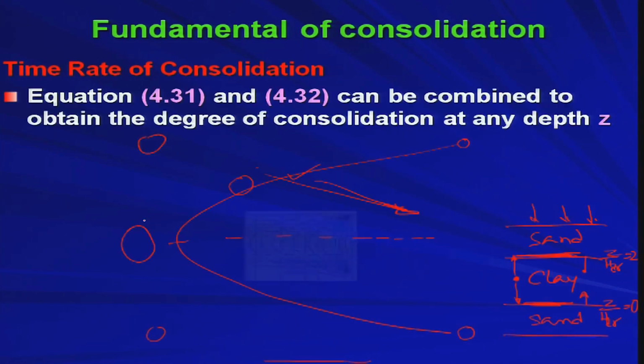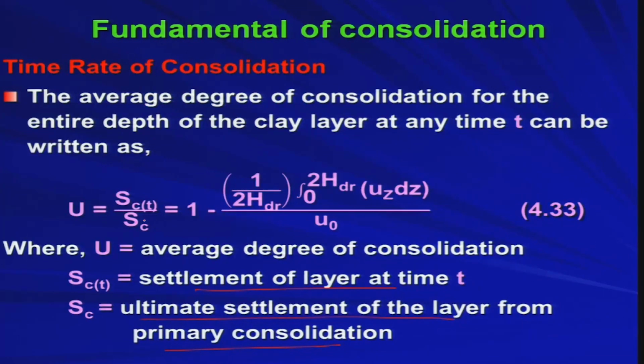Say if I consider, then basically this expression, the numerator will give me this average excess pore water pressure, right. So that means u_z dz, u_z is the excess pore water pressure at any depth z, into dz, which is integrated over 0 to 2H_DR. 2H_DR means the total depth of the clay deposit you are considering.